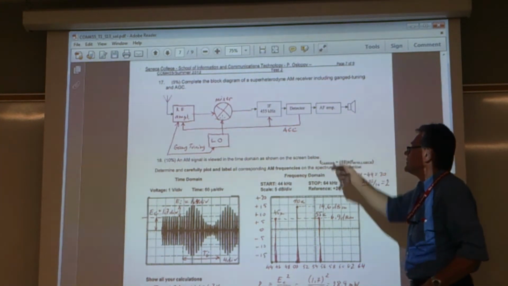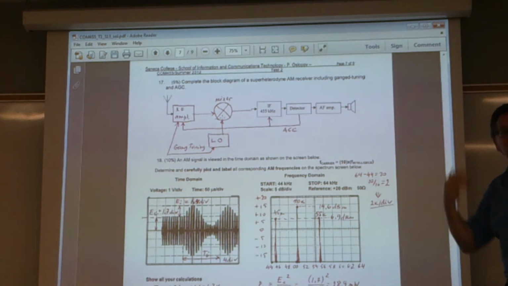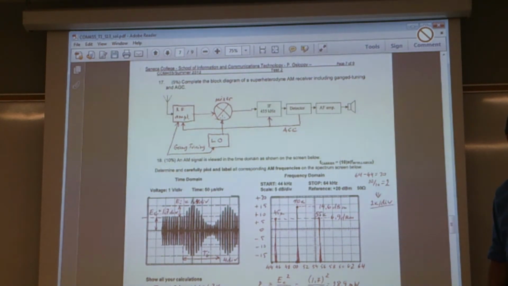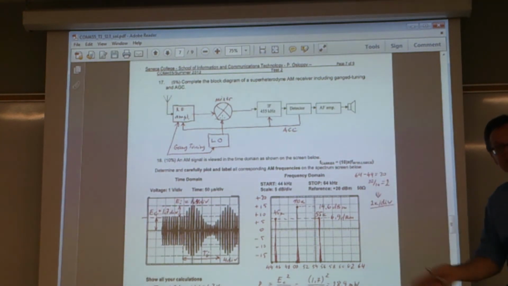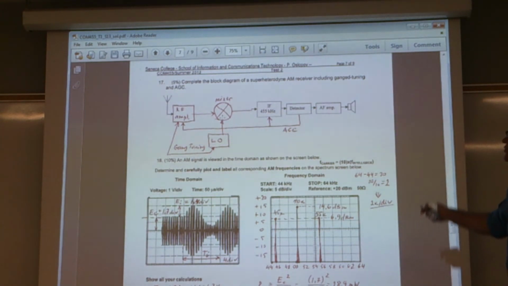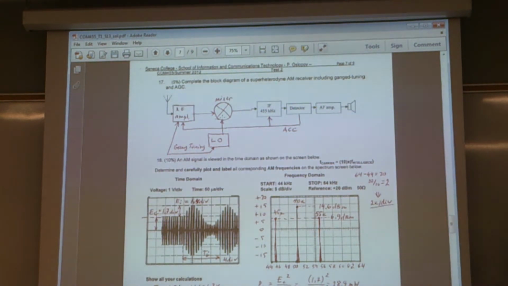AGC: automatic gain control. If you send the same sinusoid with the same constant amplitude, but your receiver produces ups and downs, those are compensated, and eventually you will have a stable, same amplitude, amplified and given to whatever is the transducer, whatever is your role.